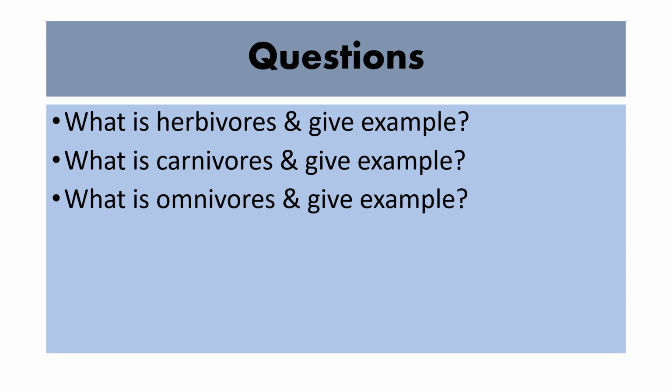Okay, remember, herbivore is animals that eat plants only, and carnivore is animals that eat animals only. Omnivore eats both plants and animals. I hope you can understand my slide, and I will share a video with you so you can understand more and get more examples.